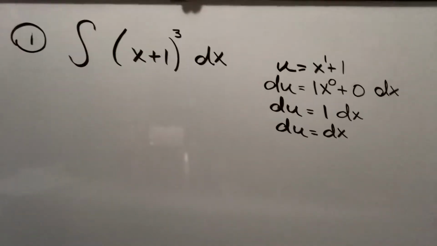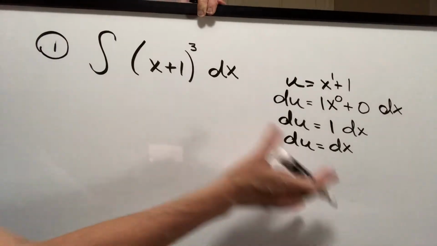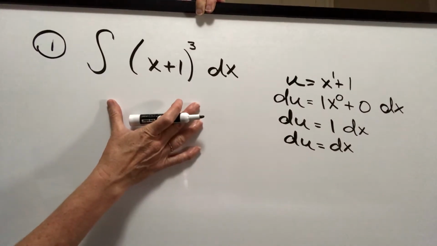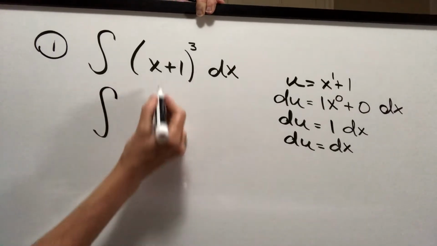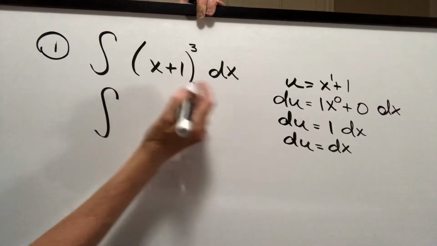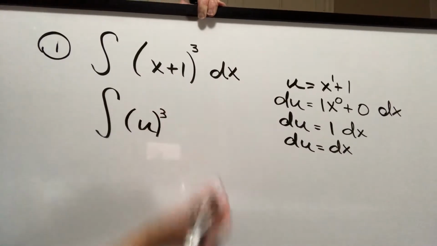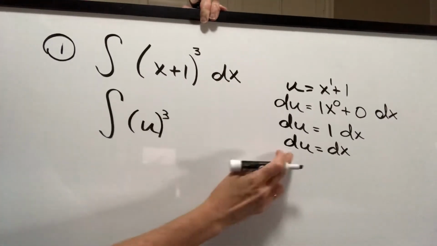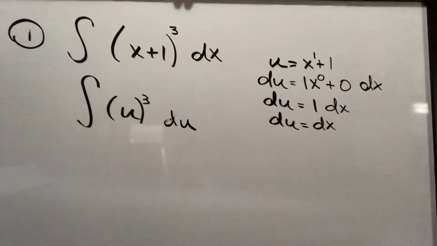Now I'm going to substitute these u's back into the integral that we're trying to solve. We're still going to have the integral symbol, but in place of x plus 1, I'm going to use u, and it will still be to the third power. And then instead of dx, I know that du is the same thing, so it will look like that.